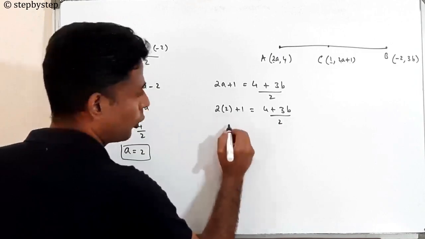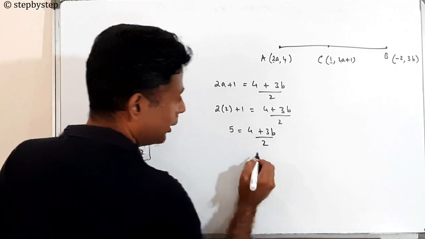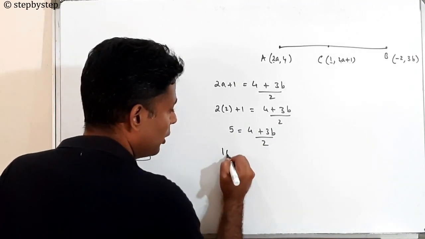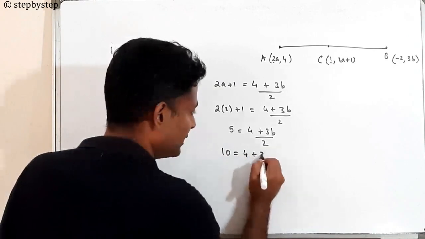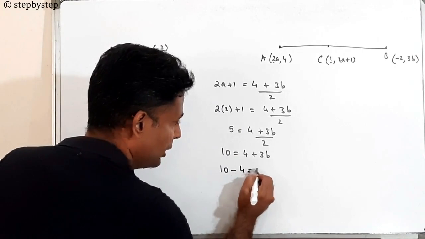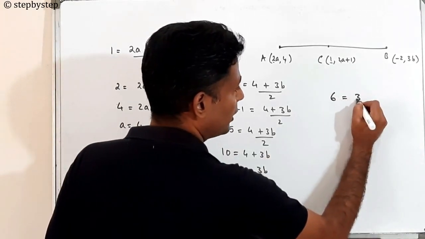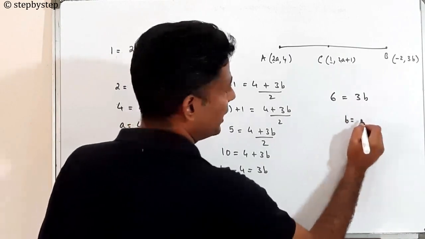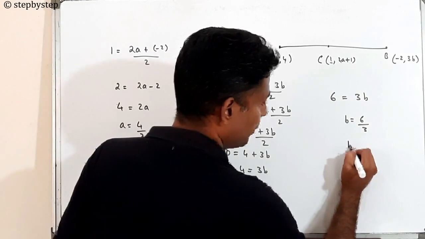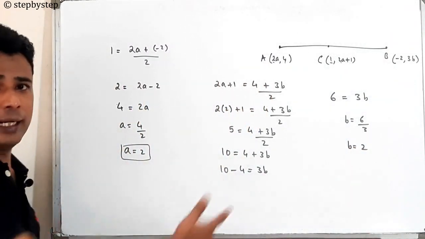So 2 2s are 4, 4 plus 1 is 5 equal to (4 plus 3b) by 2. Now when I transfer the 2 to that side, it becomes multiplication, so 5 into 2, 10 equal to 4 plus 3b. Now transpose 4 to that side, it becomes 10 minus 4 equal to 3b. So 10 minus 4 is 6 equal to 3b. So b will be equal to 6 by 3. So 3 comes down, b will be equal to 2. So we found the values of a and b.